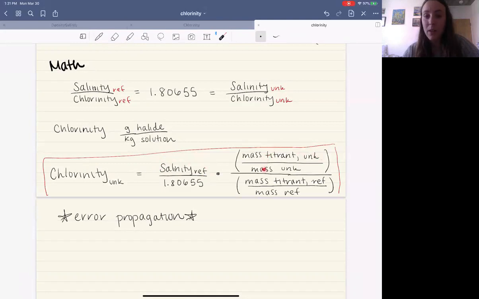Notice, do they have an error associated with them? Okay, so things like the mass of the titrant for your unknown titrations. You're going to do 3 trials, so you should have an average mass, and there will be a standard deviation associated with those. Same with your mass of your unknown. And don't forget to keep in mind the tolerance of your instruments. Always take the larger number, the larger error.